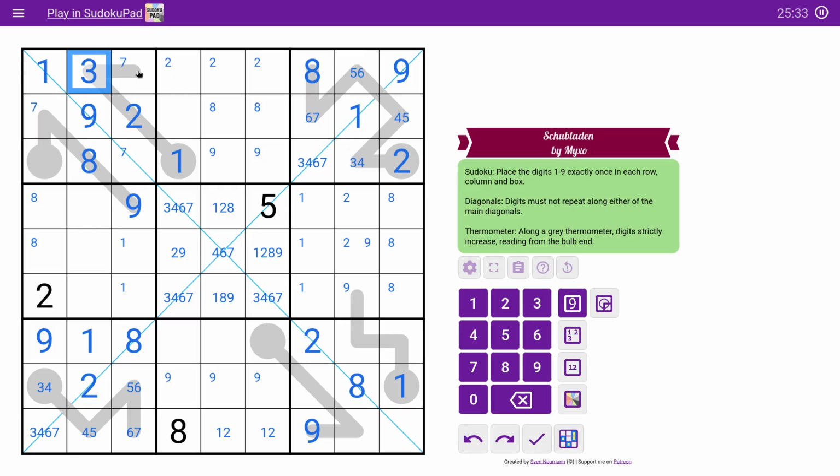What about in the lower right? There's no 7 here. 7 can't go here.